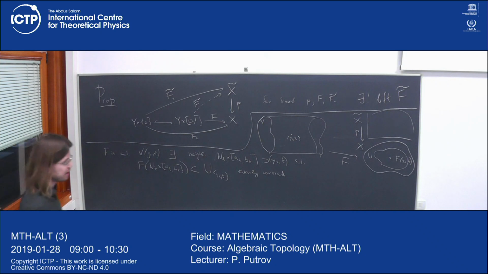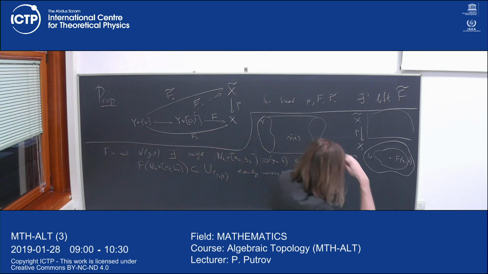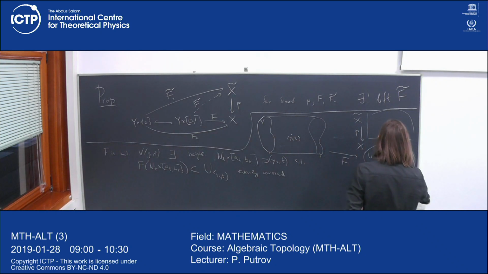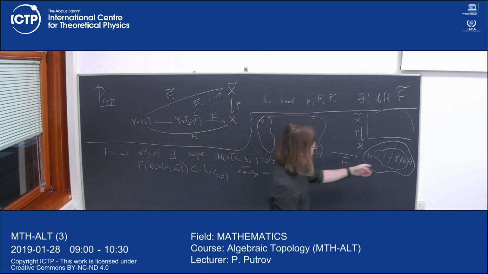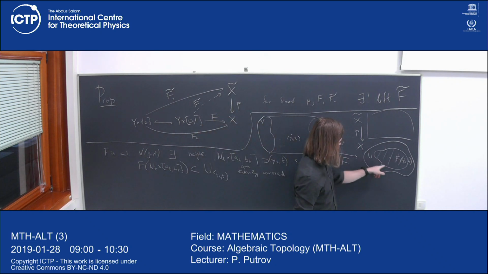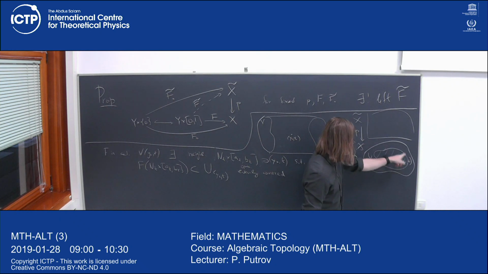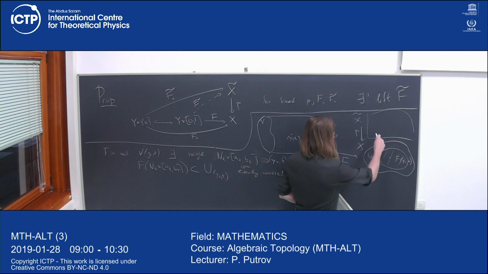Okay, and why is that? This is because, if you choose U, then it's open. First of all, by the definition of covering, for any point here there exists an open, evenly covered neighborhood.